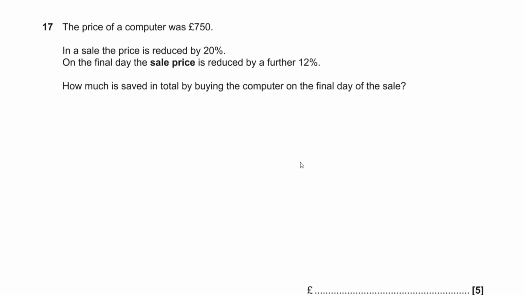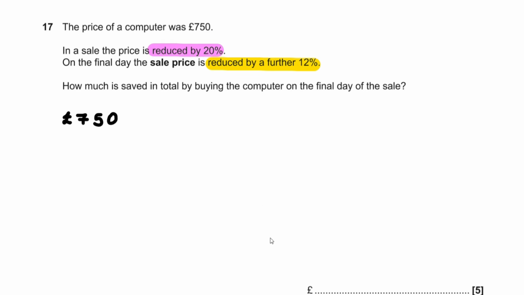Question number 17. The price of a computer was £750. In a sale, the price is reduced by 20%. On the final day, the sale price is reduced by a further 12%. How much is saved in total by buying the computer on the final day of the sale? So, we've got this reduction of 20% and we've got a further reduction of 12%.